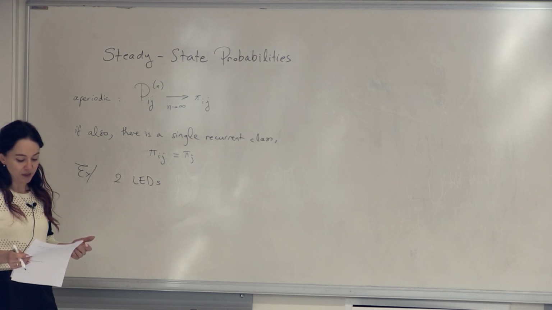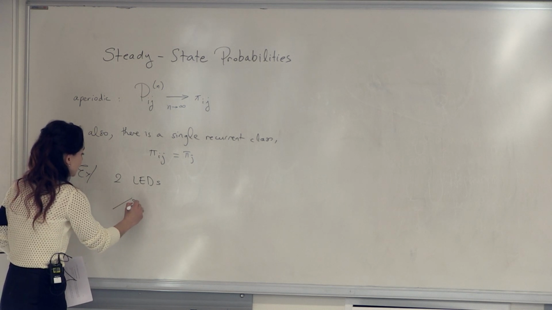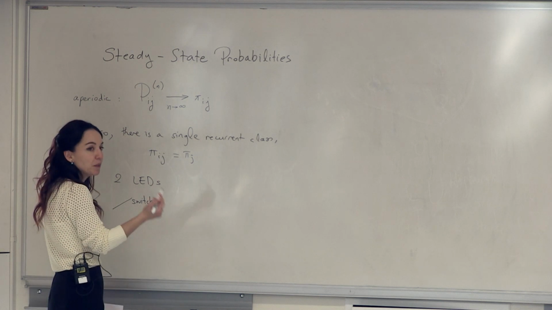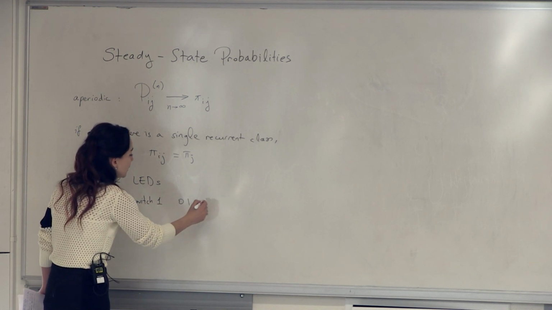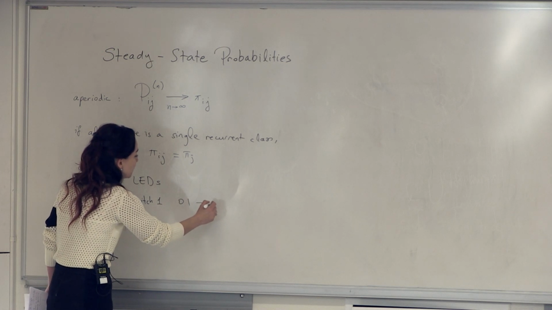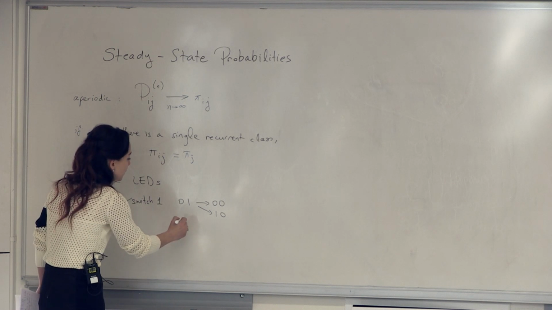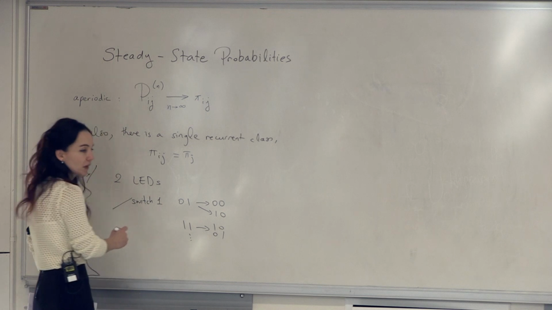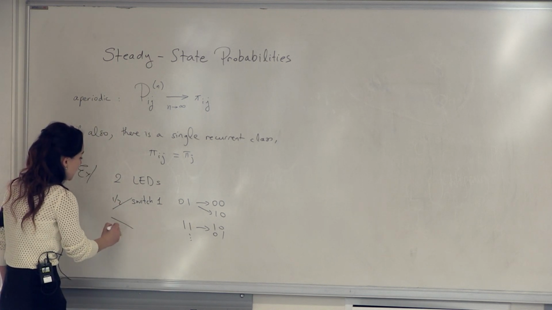For example, if they are currently at 0, 1, they will go to 0, 0 or 1, 0. If they are currently at 1, 1, they will go to 1, 0 or 0, 1, etc. Switch 1 is equally likely chosen as switch 2.